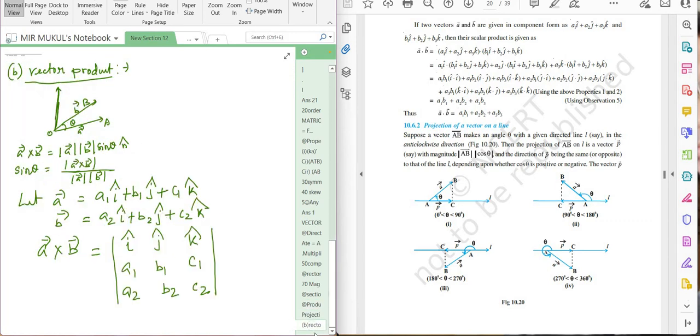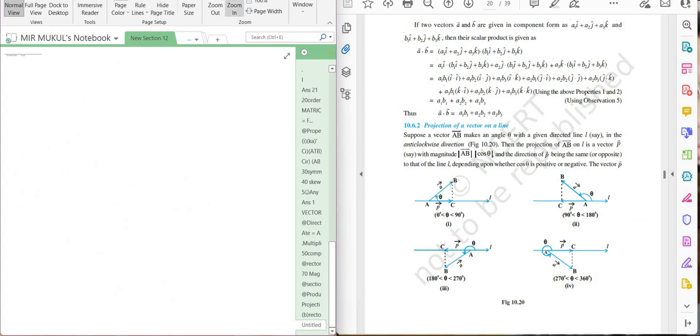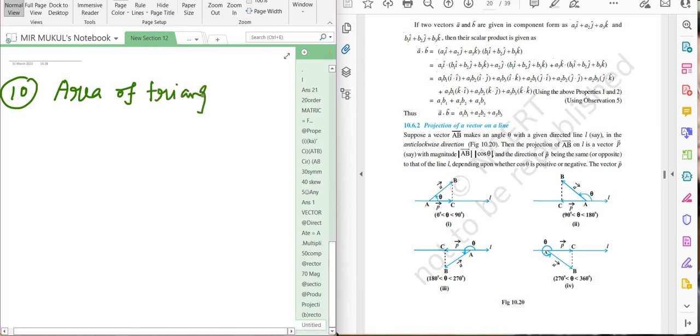Now we'll do concept 10, area of triangle and area of parallelogram.